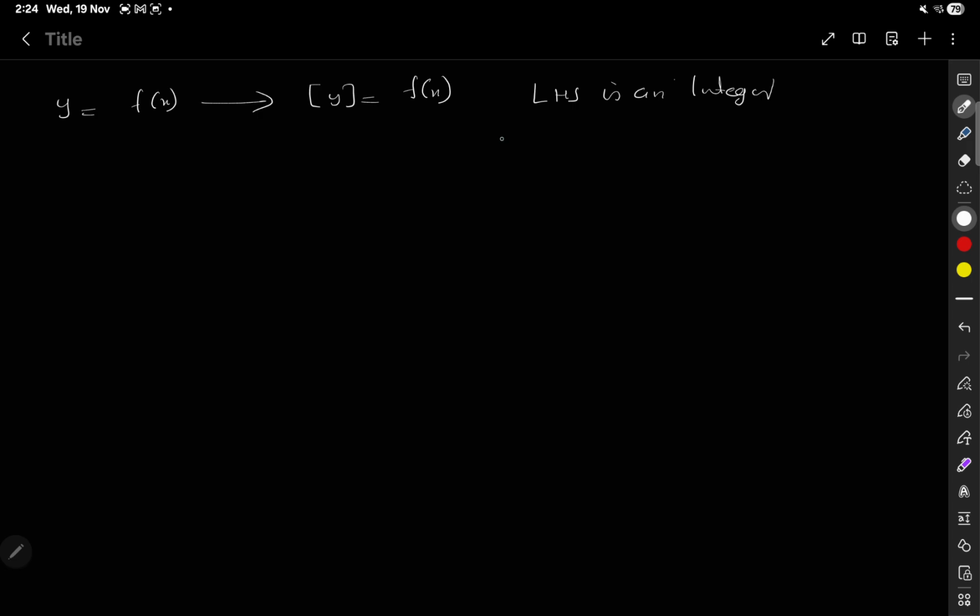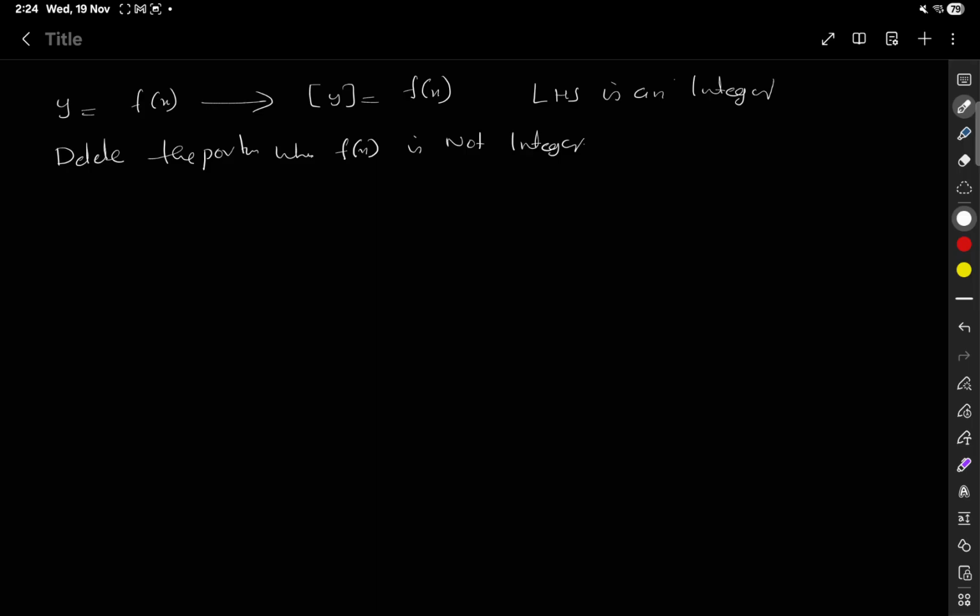Okay, so whenever f of x is not an integer, delete that portion. So that is the logic here. Then you take the values of x when f of x is an integer.